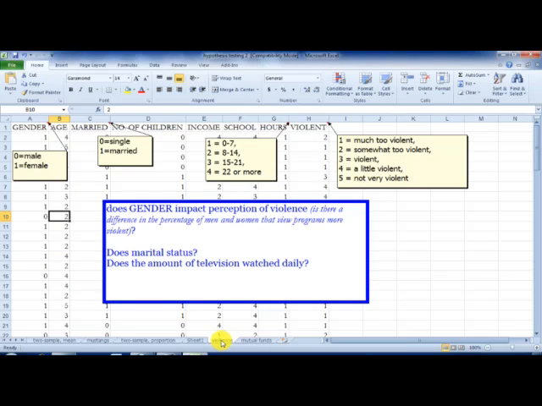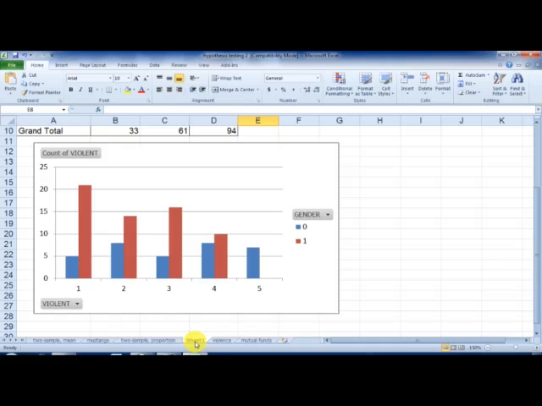One of the other questions is, does marital status or does the amount of TV impact the perception of violence? So what I would like you to play with is, you could do the same thing that we did with gender and do it with marital status, where you create a graph, and then what I would like you to do is upload your pivot table and graph, and then some verbiage about where could you take this test.